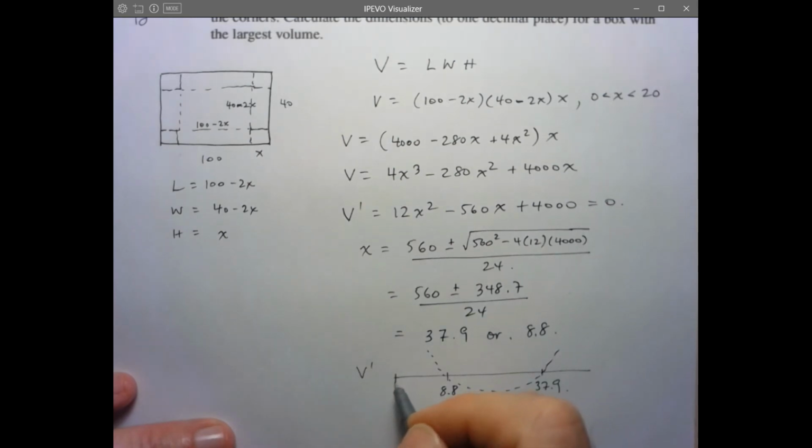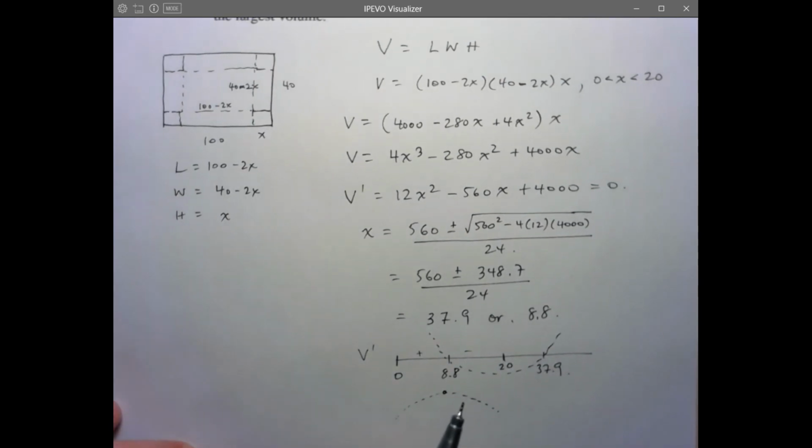But of course I'm just interested from 0 to 20, and I see that at 8.8 I'm going from positive to negative, which means I have a local maximum at 8.8. From 0 to 8.8 the function is constantly increasing, and then from 8.8 to 20 it's always decreasing. So this is indeed not just a local maximum, but on 0 to 20 it's an absolute maximum.